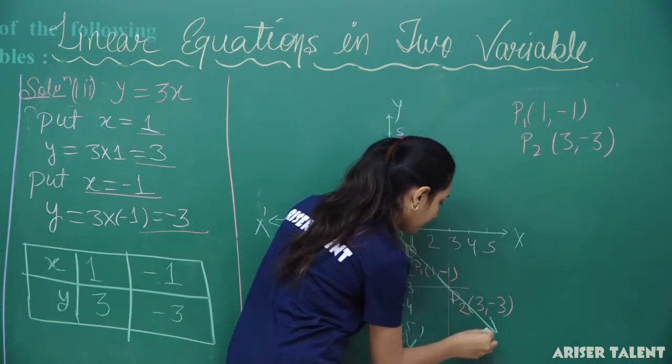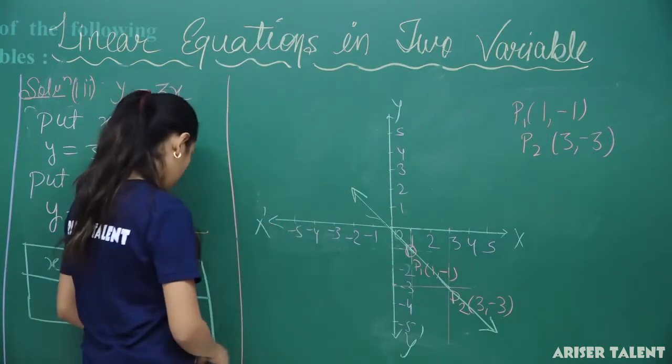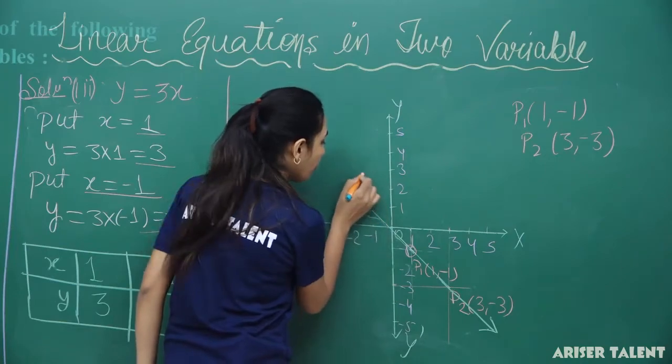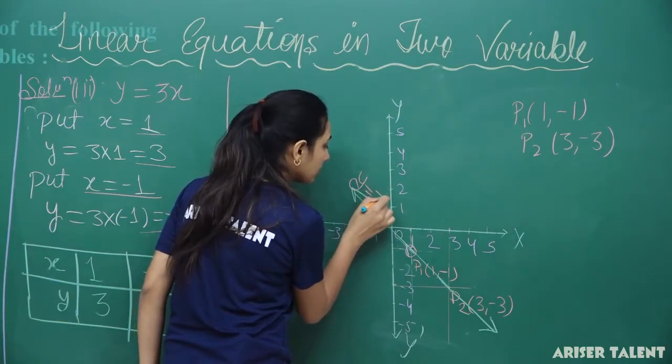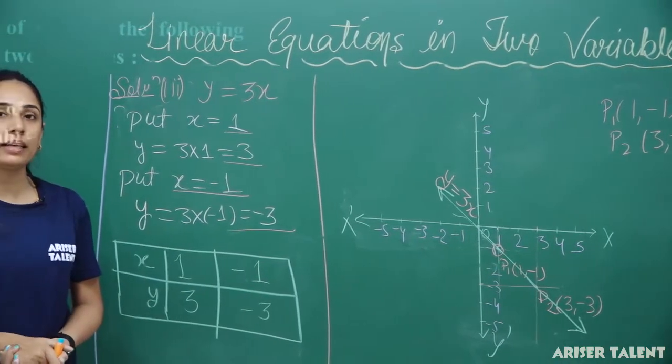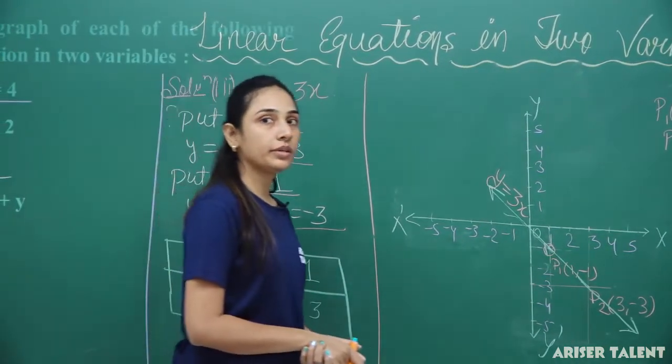And this line is what? This line is y equals to 3x. So the graph of y equals to 3x will be something like this. Note it.